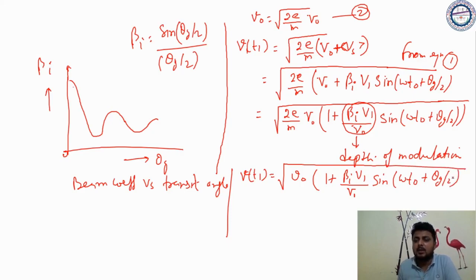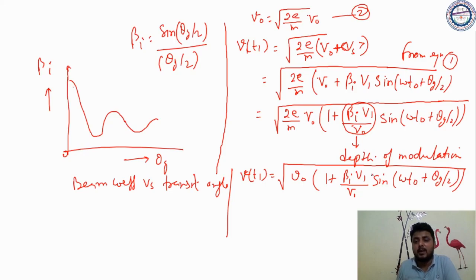This term can be either 1 plus something or 1 minus something. It depends on whether your velocity is accelerated or decelerated. If this is plus, that means the velocity is accelerated. If this is minus, that means your velocity is decelerated. That depends on the signal you are applying.